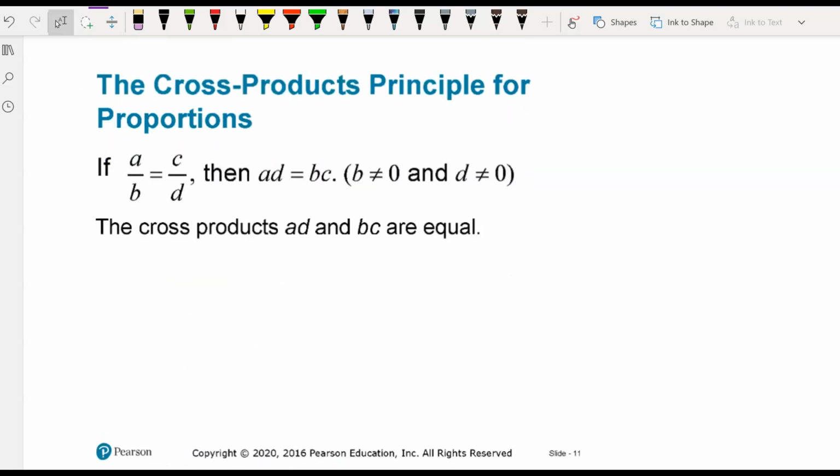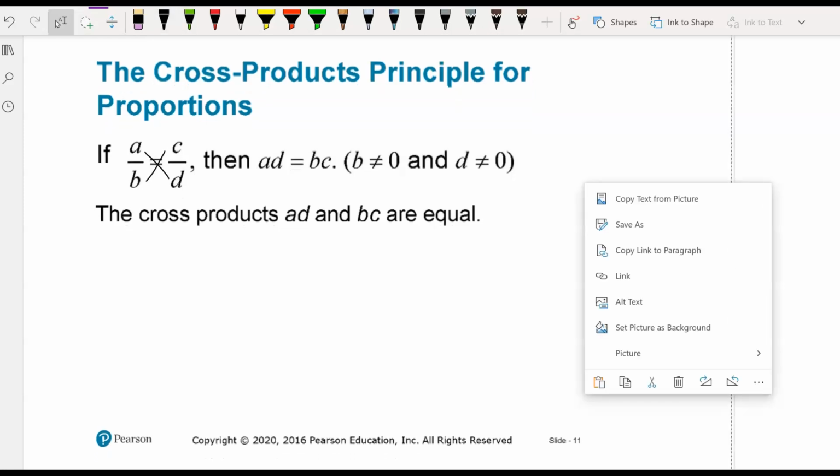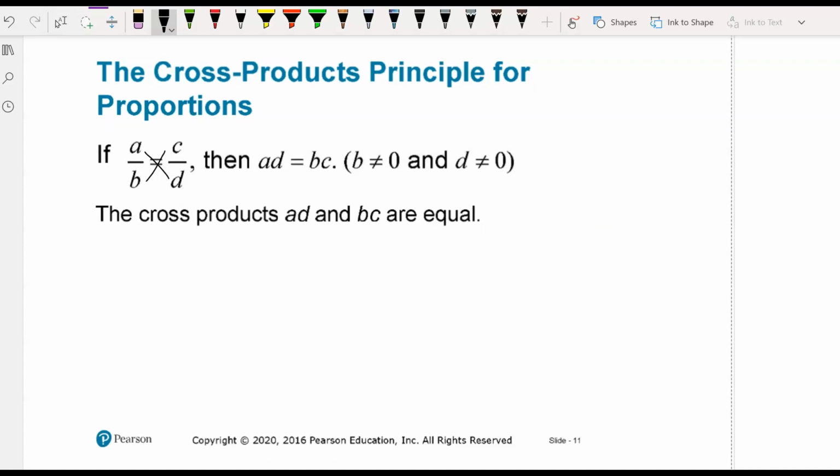The next is cross products. So that's cross multiplying. So A over B and C over D are equal to each other, where B and D cannot equal 0.